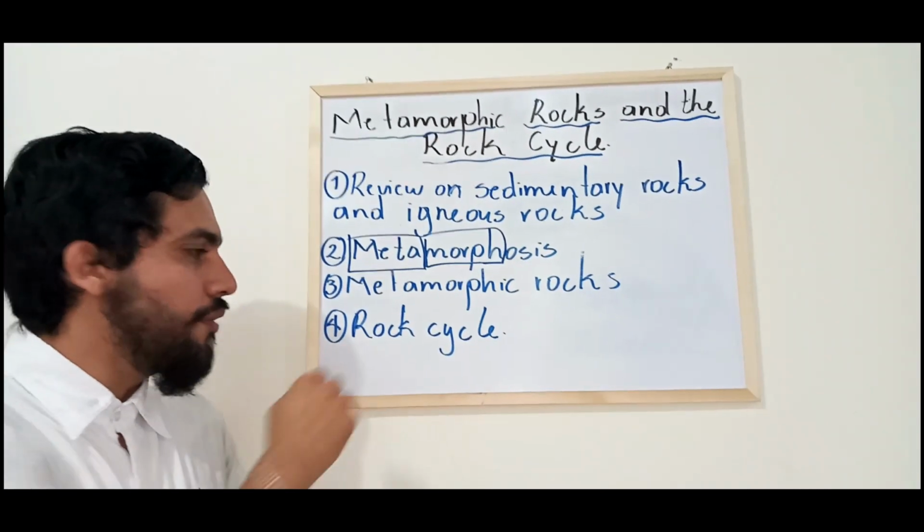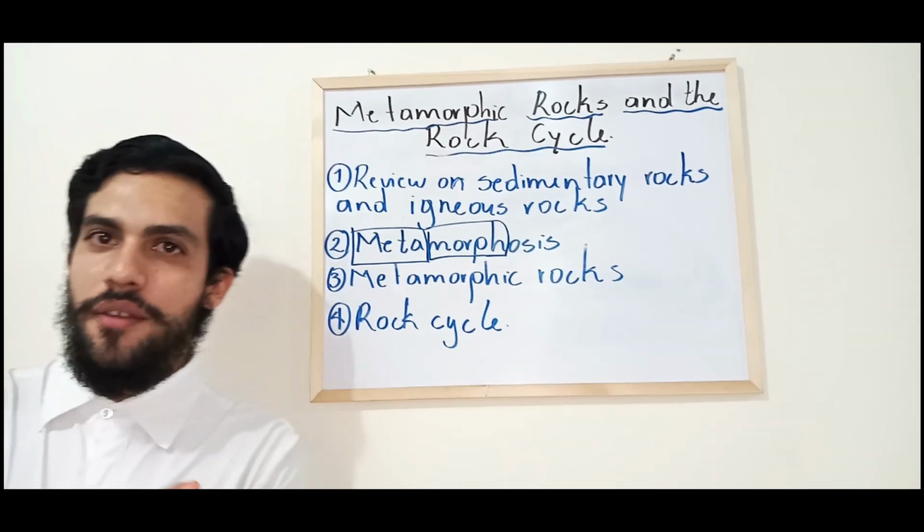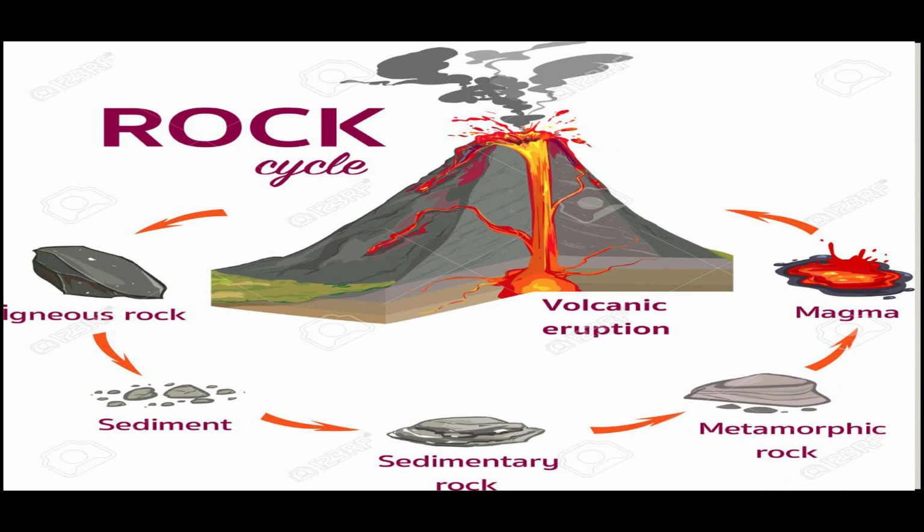Now, I'm going to explain the rock cycle. Please look at the picture that I'm going to show you right now. If you notice, the rock cycle in the picture begins in a volcano, with an igneous rock. The igneous rock eventually starts to break down into little pieces, which later become sediment.